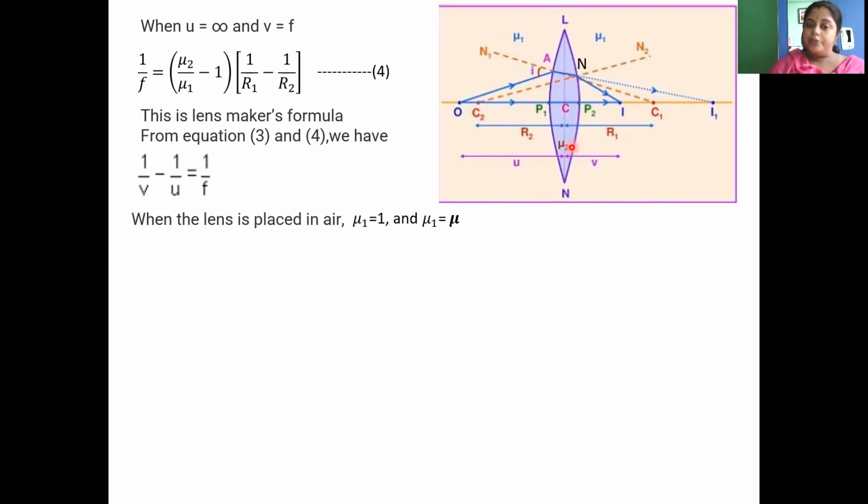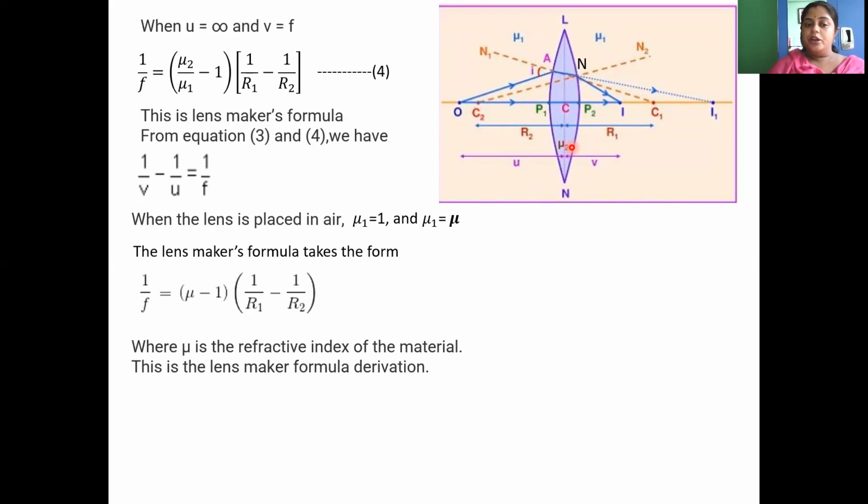So if we write mu2 equal to mu, then our equation becomes this. So here, what is mu? Mu is the refractive index of the material, and this is the Lens Maker formula. Okay, student, is it clear?